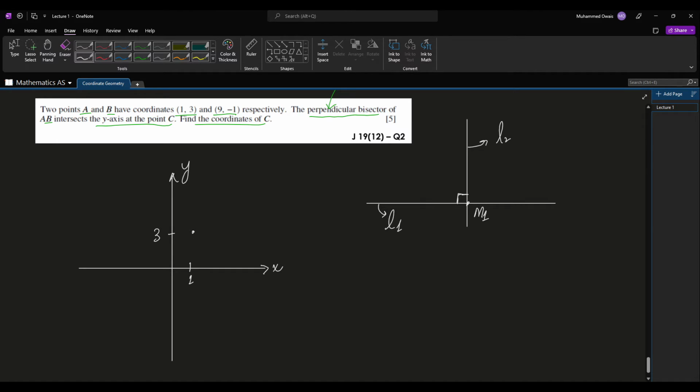So this is point A. My bad, I'm so sorry. Now for point B, the coordinates of B are 9 and minus 1. So it will be somewhere here. Let us draw a line AB.